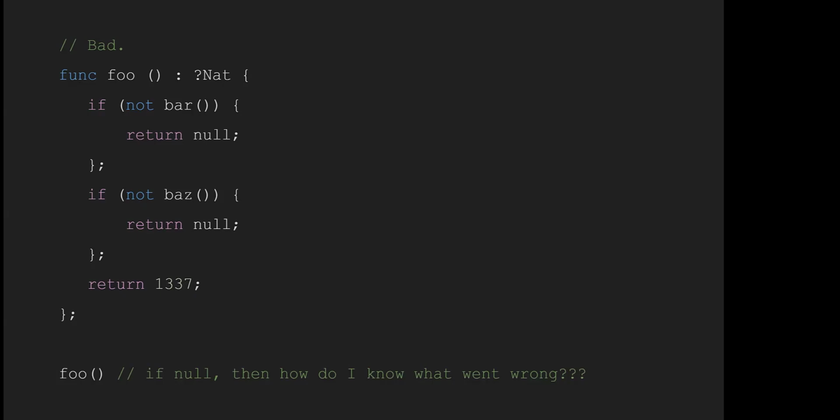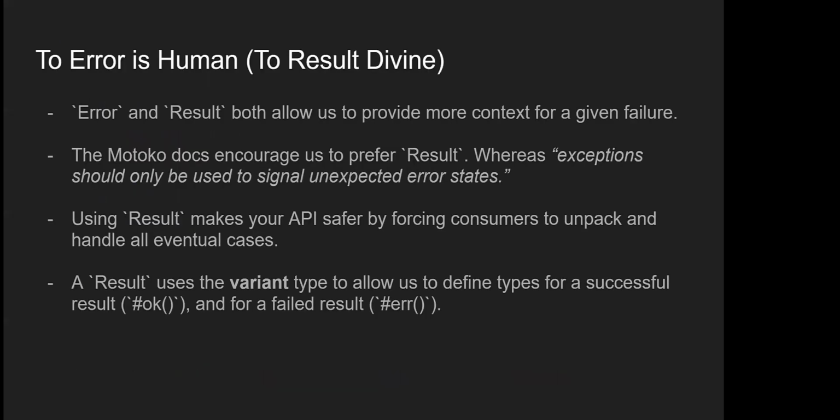We'll just call them conditional 1 and conditional 2, or bar and baz. And then in the success case, we're just returning some natural number value. When we call this function, if we get null, then we don't know if it was bar or if it was baz. And so we don't have a way to diagnose the issue any further. We're effectively stonewalled in our debugging effort until we can gain more information through instrumenting the code or some other method. So those are the limitations of option.